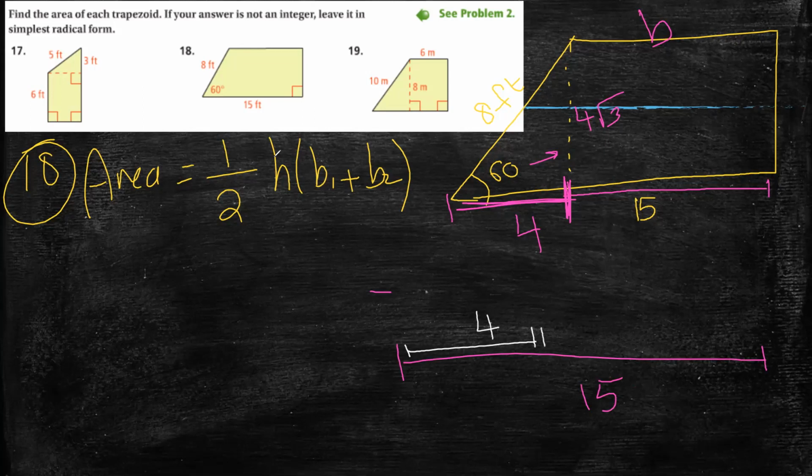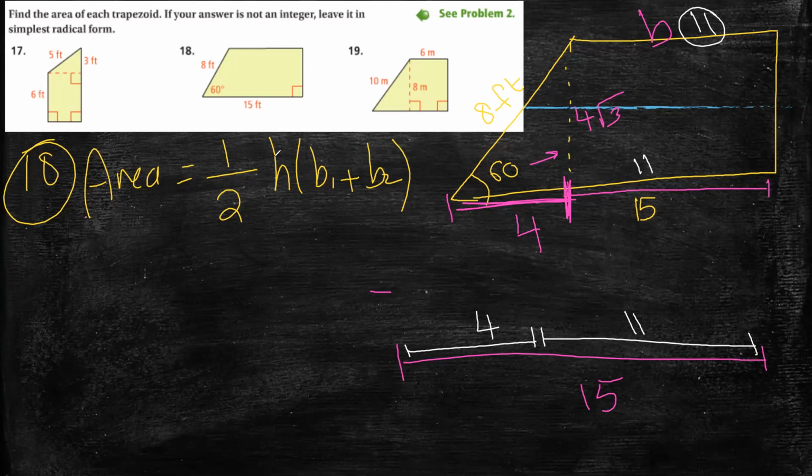So what is the length of the pink one? It will be 11. Is it right? Yes. And since here now is 11, and we have a rectangle where every two parallel sides have the same length, so B will be 11 also. Is it clear?